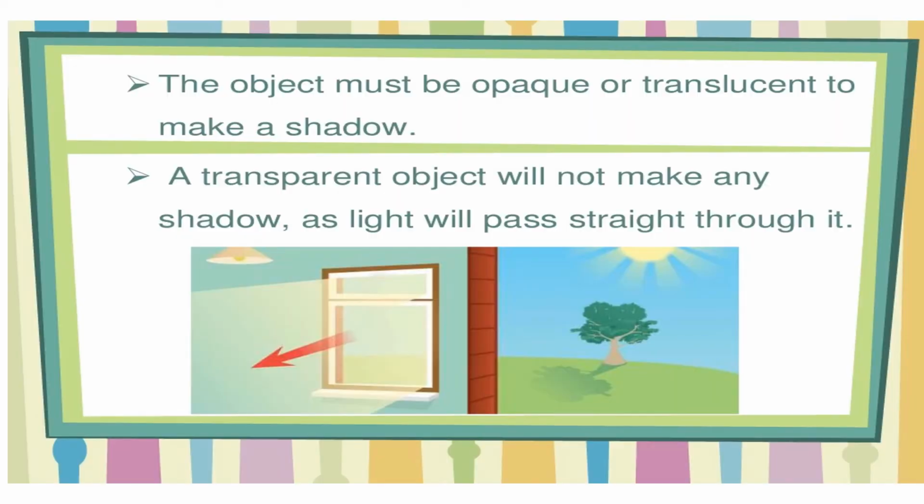Now we are going to be looking at different kinds of objects that make shadows, and also the objects that do not make shadows. The object must be opaque or translucent to make a shadow. What do you remember we said was an opaque or translucent object?